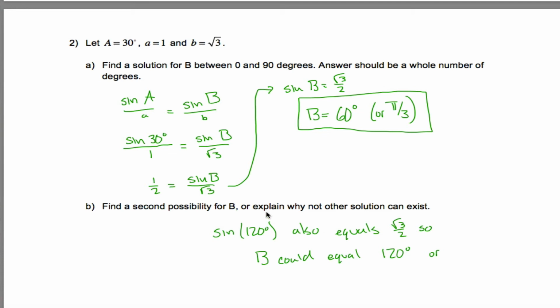I don't care that you write it both ways. As long as you can get one or the other, we're good. And that's it. You don't use those to find other angles or anything. That's all I want you to get, is that when you're using the law of sines, there's this ambiguous case where you can have multiple solutions.